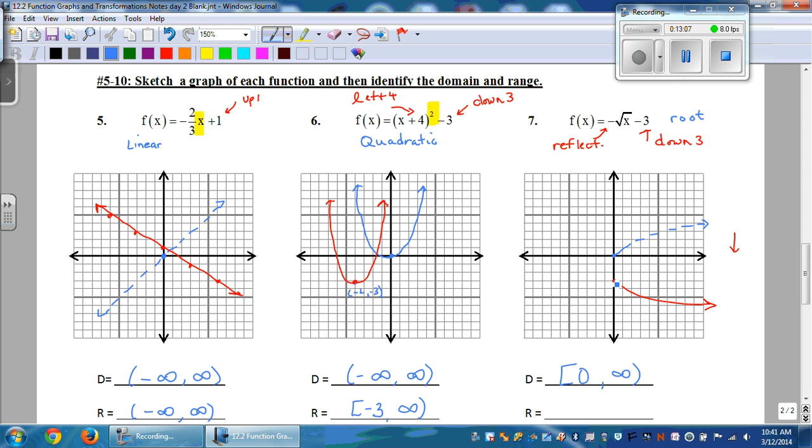The highest point is here, which is down 1, 2, 3. So this point being 0, -3, there's your highest point at -3. And it goes on forever going downward, down, down, down to negative infinity. So the range is negative infinity to -3.